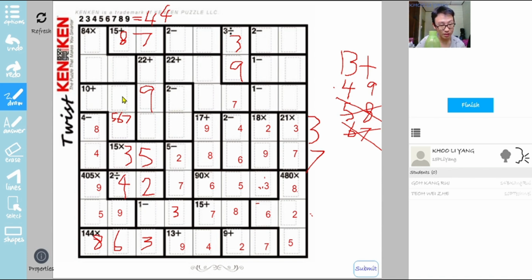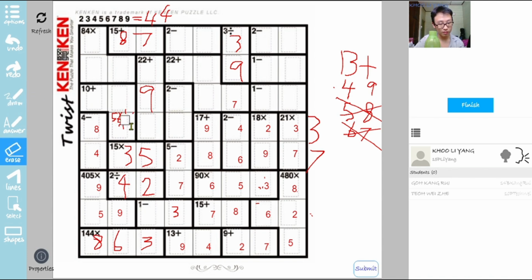Since 1 cannot be used, this is out. Let's see if we put 6. If we put 6, these two boxes must be filled with 1 and 3. Since 1 cannot be used, this is also out.